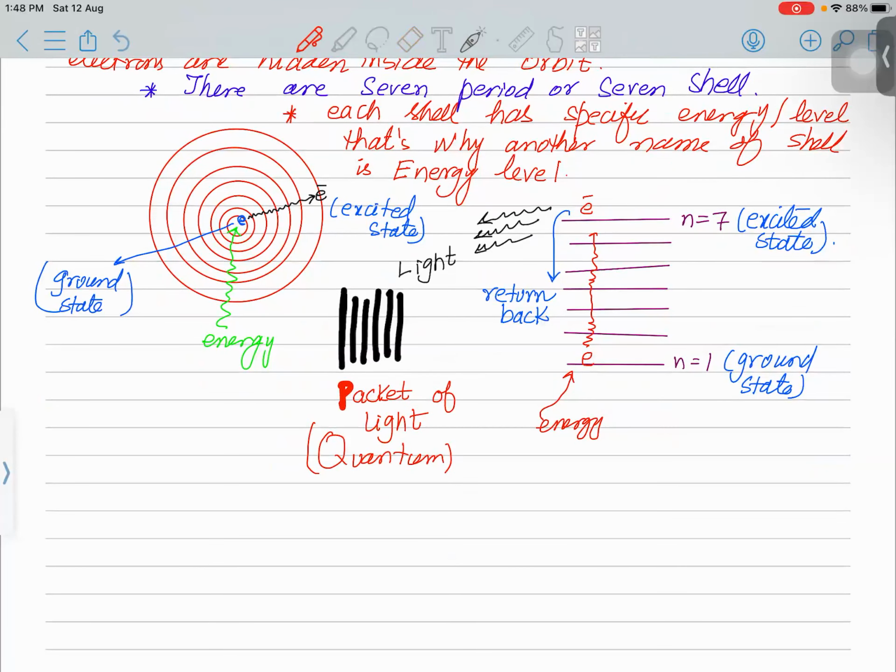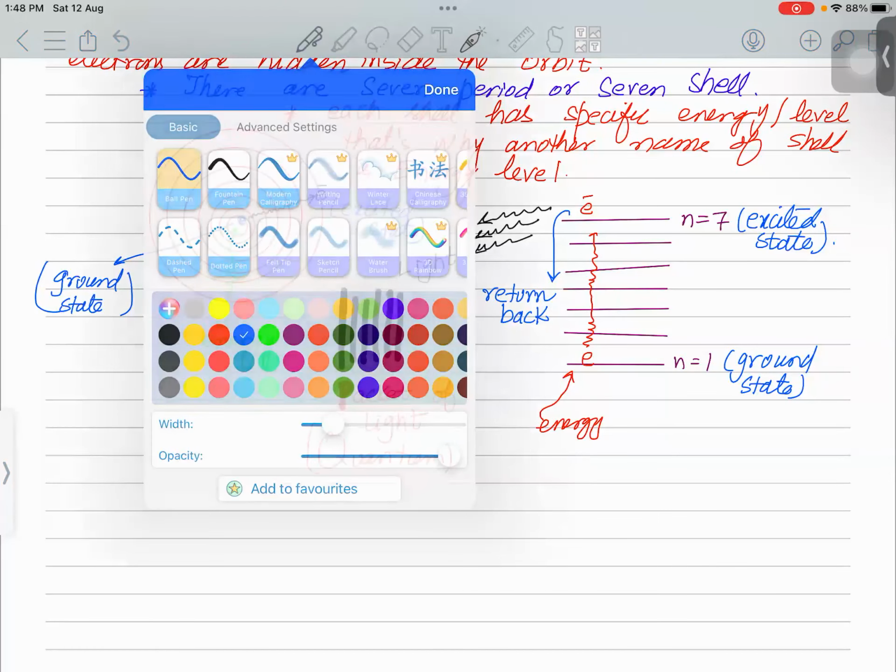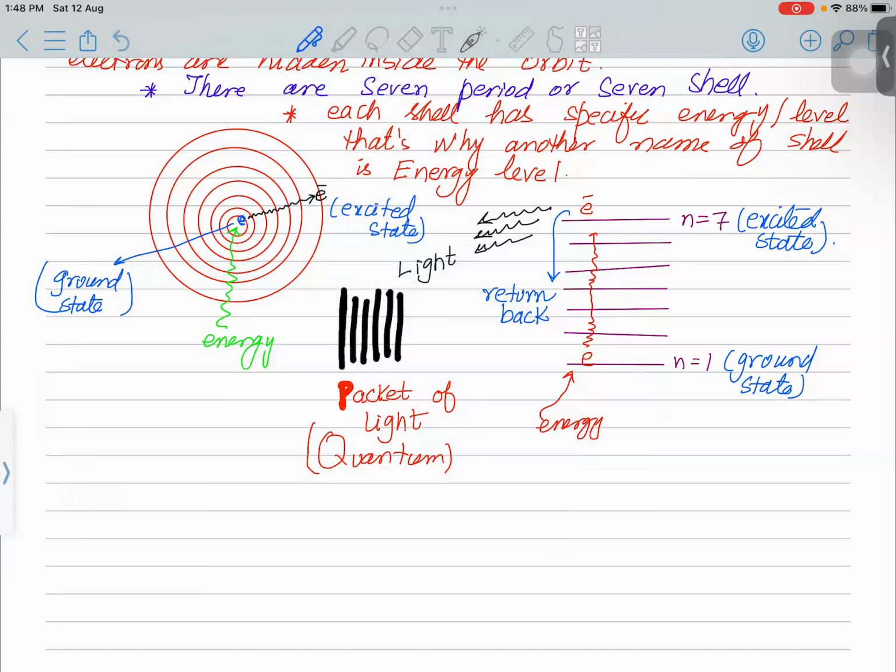Are you getting my point or not? Yes, sir. Each shell has a different quantum, a different pattern, because they absorb different light and emit different light. Sir, when you refer to light patterns, you mean like a barcode?